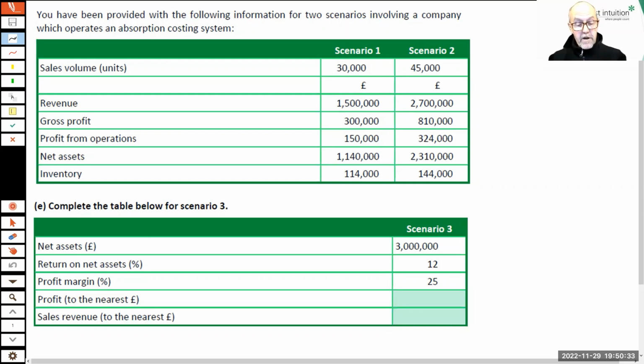So we are told our net assets are £3 million. We are told that we're earning a 12% return on those net assets. So that means that profit over assets is 12%.